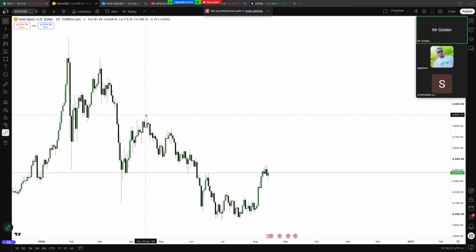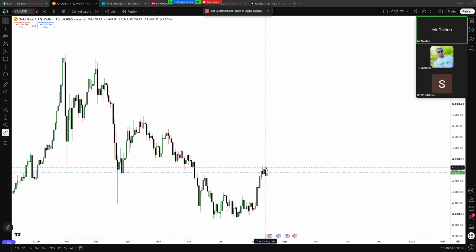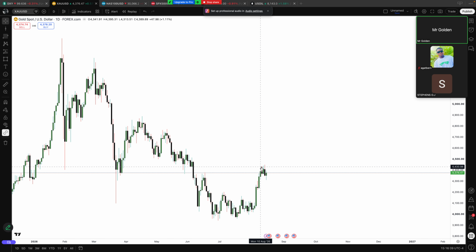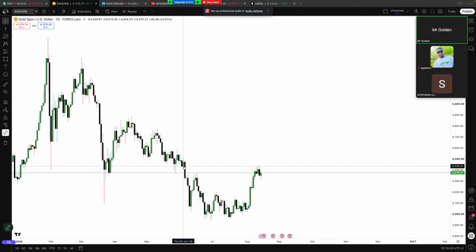I don't think this high will be hit though, but we are coming down a little bit here. So this relative high that happened, they are all respecting this OB here. And to be frank, this is another high here. This is a fair value gap at this point here.